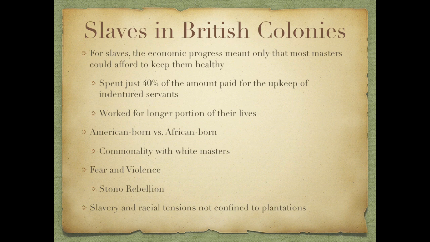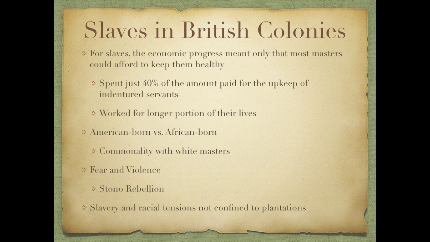Slavery and racial tensions were not entirely confined to the plantations either. You have roughly 20% of the population of New York City being made up of enslaved Africans. Slave artisans also worked a lot of times in southern cities, and so were able to enjoy a little bit more liberty than their counterparts on plantations.